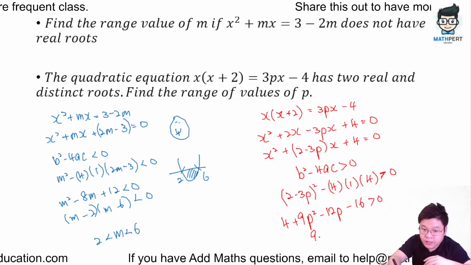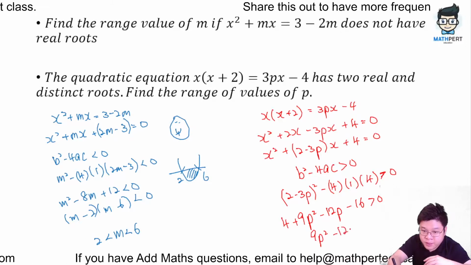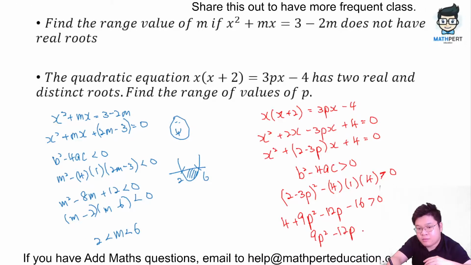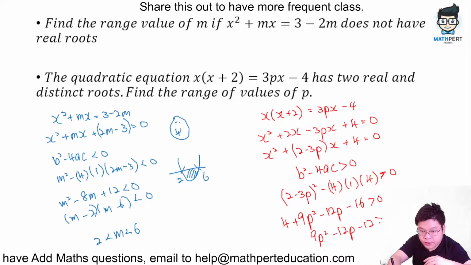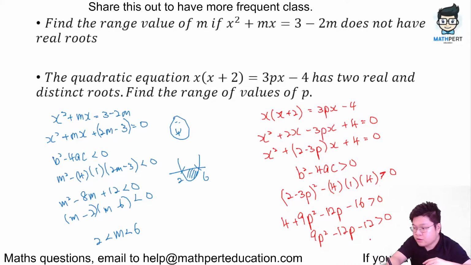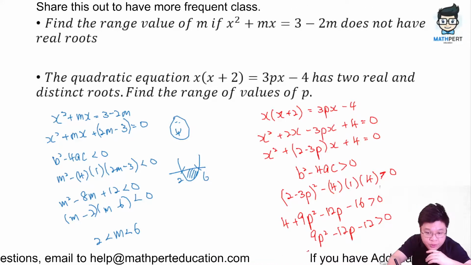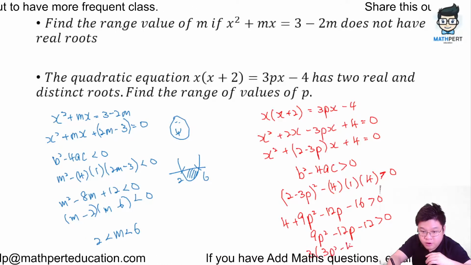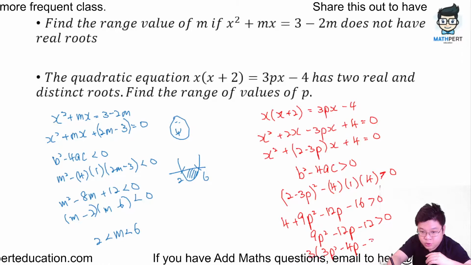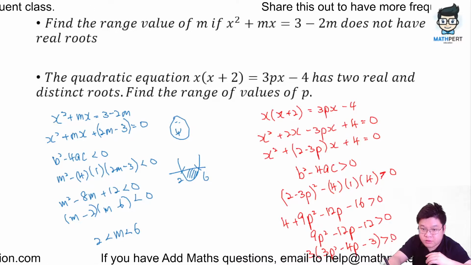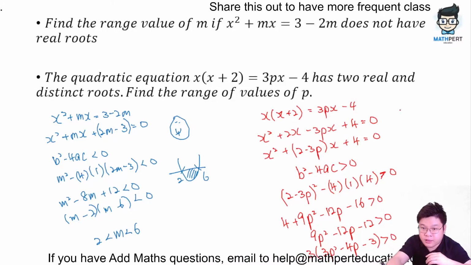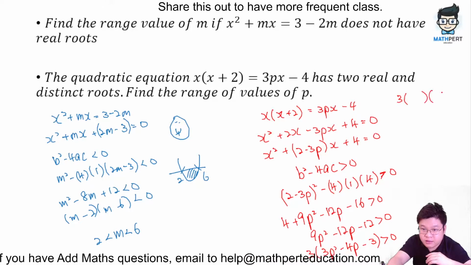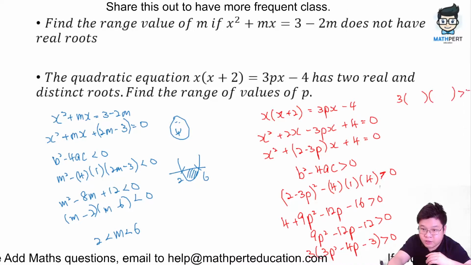So rearrange it, 9p squared minus 12p minus 12 greater than 0. We factor the 3 out to make it smaller. 3p squared minus 4p minus 3 greater than 0. Then we can factorize it.